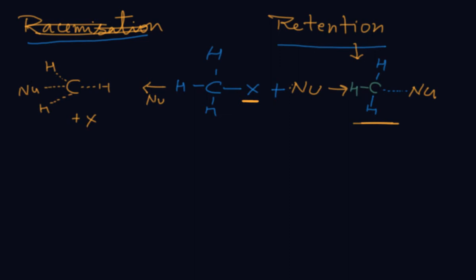You are watching that the nucleophile is going to the side opposite to the halide ion. The halide ion is on this side, and the nucleophile is coming on this side. So this is called inversion of configuration, the opposite side.